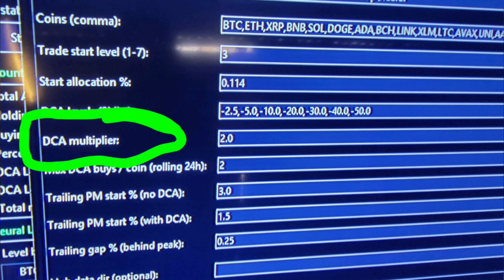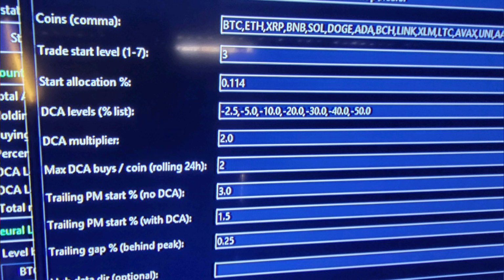is all hard-coded. Now, how many are controlled by the AI depends on what you set your trade start level at. Because there's a max of 7 that can come from the AI, and so if you're not starting the trade until the 3rd one, well, that means there's 4 left over. So yeah, the DCA multiplier, that's the next setting on the list.